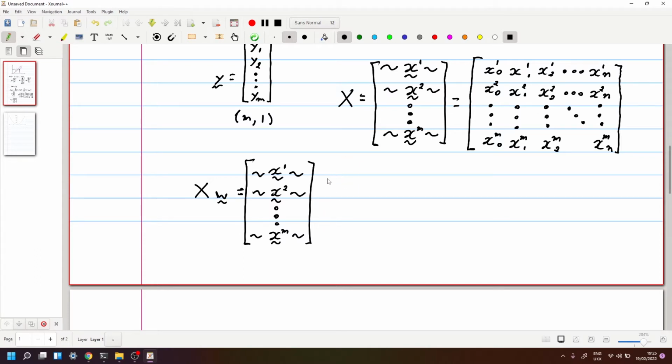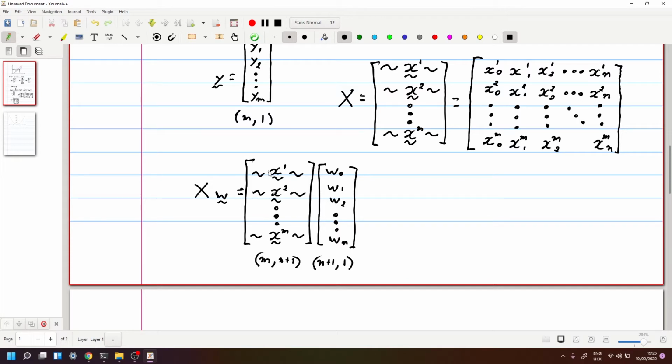This is going to be multiplied by the w. This works because this matrix is an m by n plus 1 matrix. We have m data samples, and each data sample has n plus 1 dimensions because we added the 1 here. And this is an n plus 1 by 1 column vector.